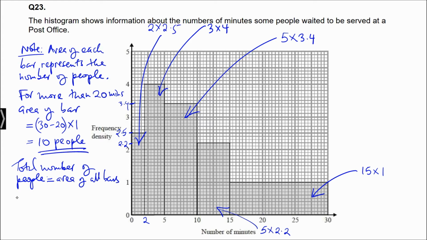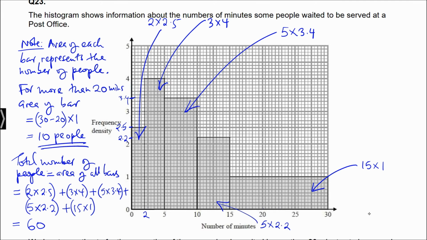All right, so the total area of all bars will be equal to 2 multiplied by 2.5 plus 3 multiplied by 4 plus 5 multiplied by 3.4 plus 5 multiplied by 2.2 plus 15 multiplied by 1. So all this will be equal to 60.